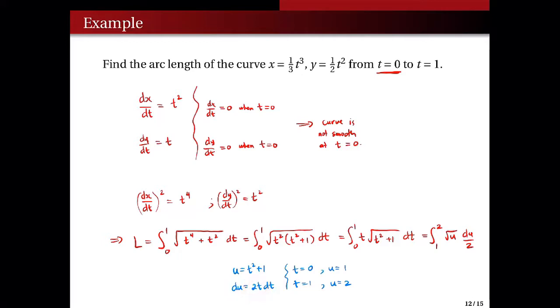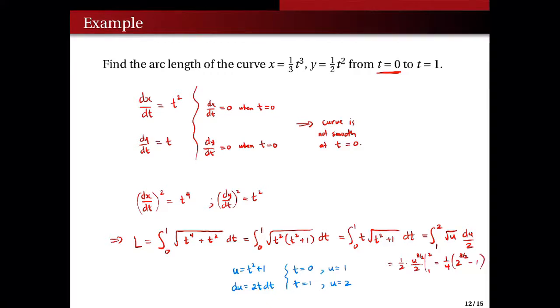So we'll just have 1 half u raised to 3 halves over 3 halves evaluated from u equals 1 up to u equals 2. So this is equal to 1/3 times 2 raised to 3 halves minus 1.